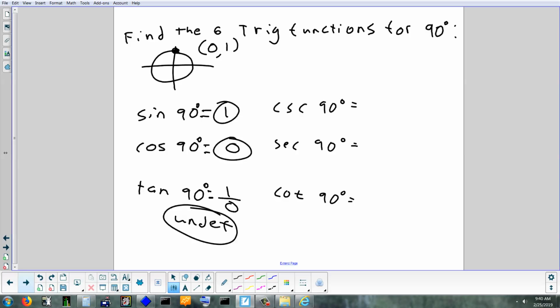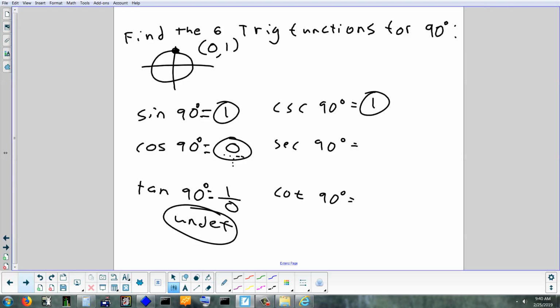All right, Caitlin, how about the cosecant? 1. Now, to get the secant, we need to flip the cosine. Well, it's not a fraction right now, but I could make it a fraction. And Peter, how do I make it a fraction? Yep, you put it over 1. So to get the secant, you're going to flip 0 over 1. What is 0 over 1 when you flip it?